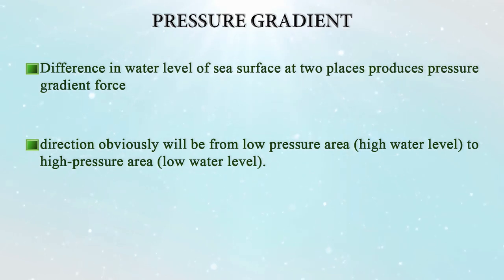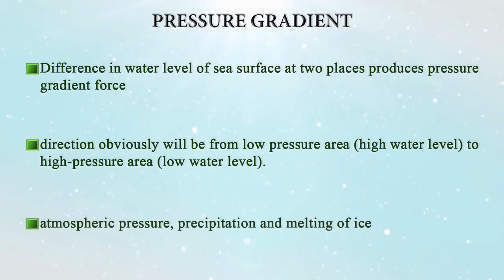the current moves from low pressure areas to the high pressure areas, because there is always a flow of water from high water level, which is the low pressure area, to the low water level, which is the high pressure area. So you see that this is affected by the atmospheric pressure.